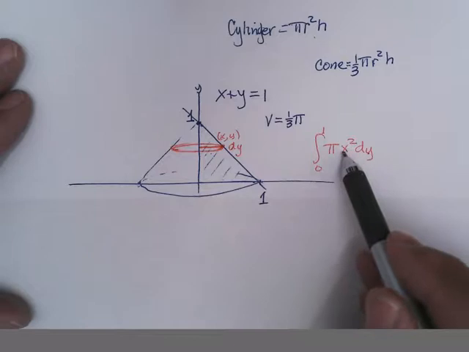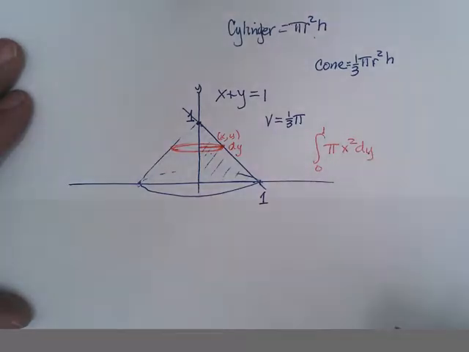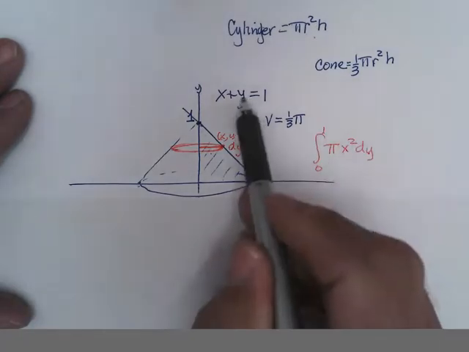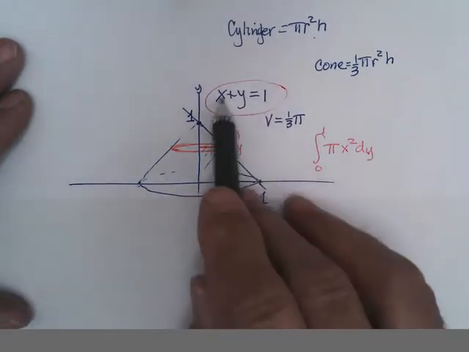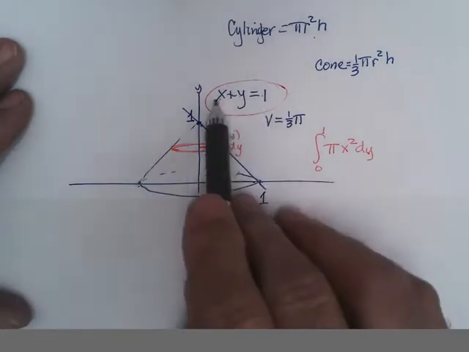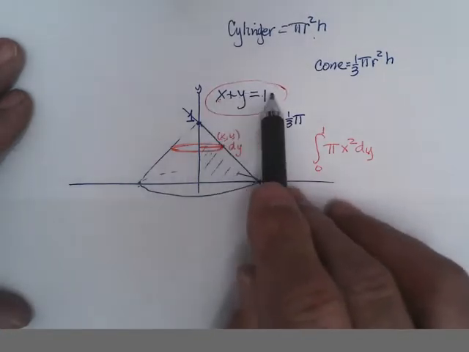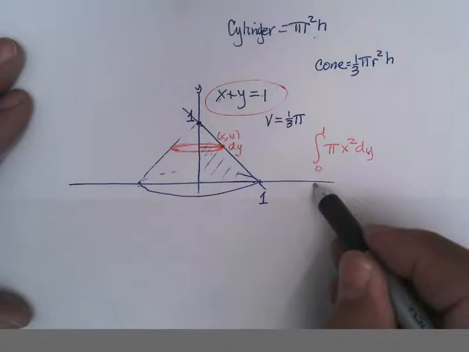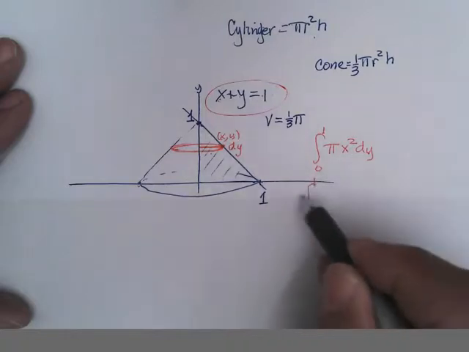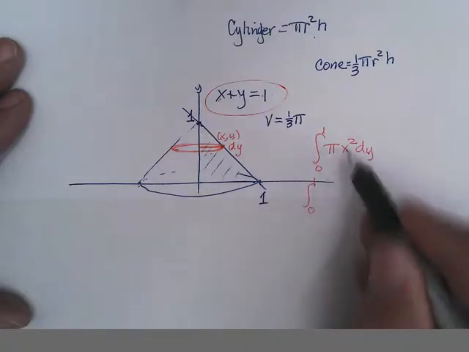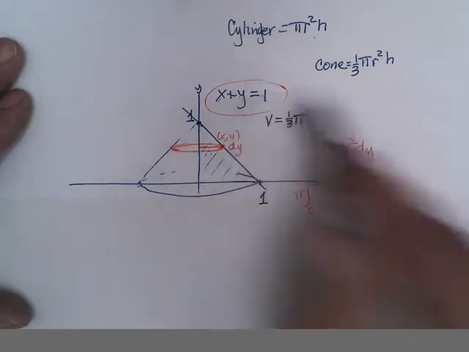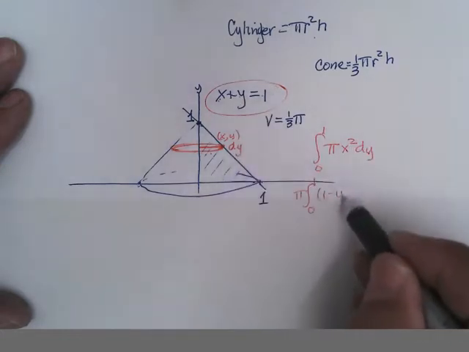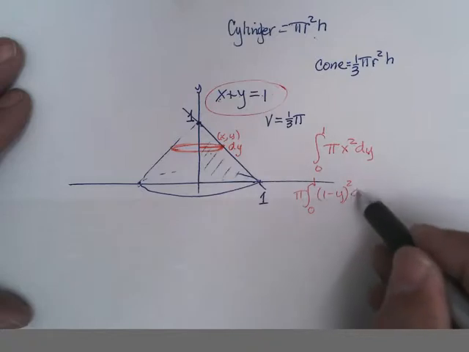So I have to replace the x with an equivalent expression that has y in it. If I look at the original equation for this line, x plus y equals 1, well, x would equal 1 minus y, so I would have the integral from 0 to 1 of pi is a constant that's times it, so I can pull it out. X squared would be 1 minus y squared dy.